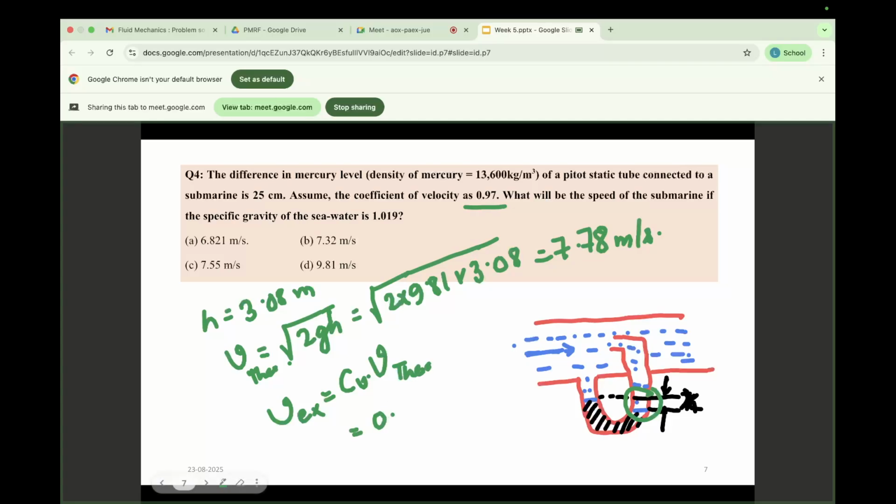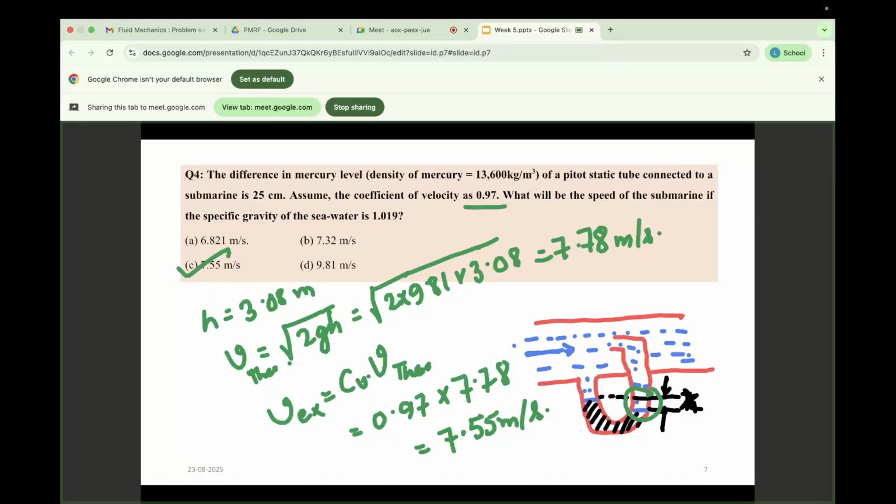That's why we have to multiply this with 7.78 and we will get this answer as around this one. Okay, so the correct option is option C.